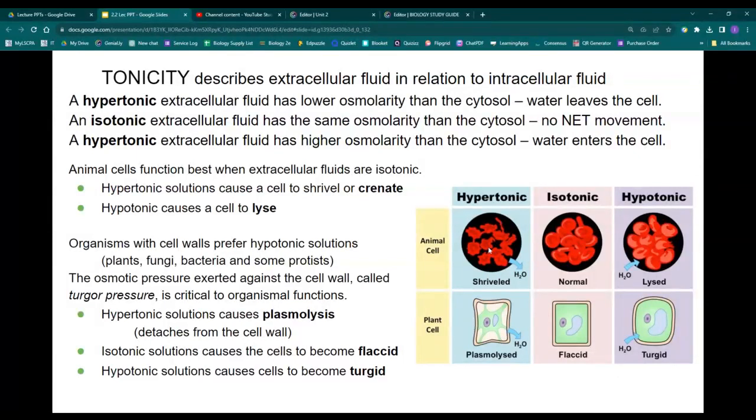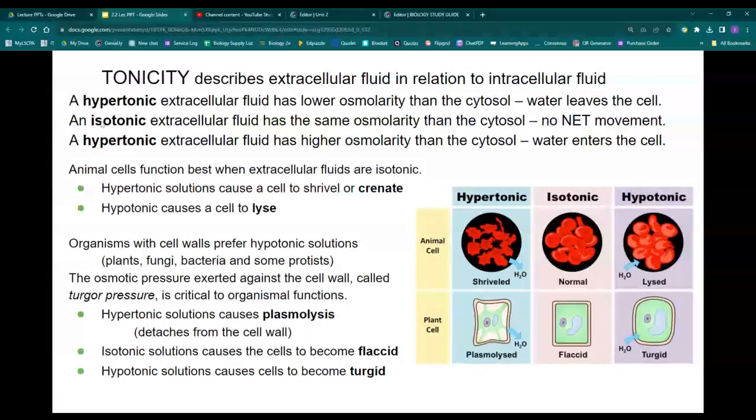So there's less solutes inside the cell and there's more solutes outside the cell. So the water tries to leave the cell to adjust for that. That can be really bad for animal cells and plant cells because it can cause them to shrink and shrivel or crenate. In plants, this causes it to plasmolyze, which means that the cell membrane is separating from the cell wall.